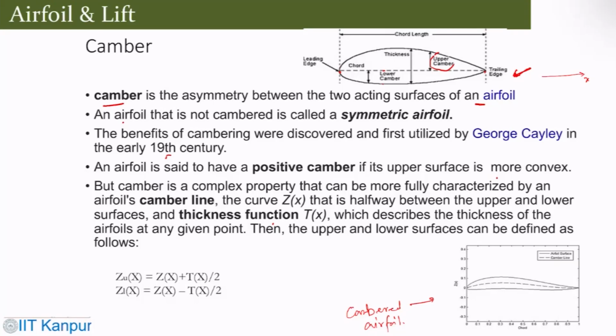So the upper point, and the lower point. This is the camber line curve, z as a function of x, and the thickness by 2. So this is how the upper and lower points can be estimated.